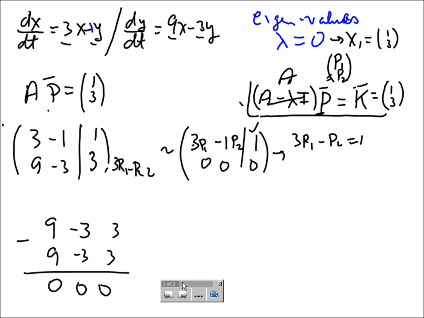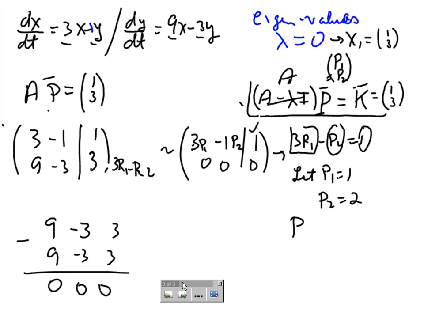So you let P2 equal something that will make things nice. Or what you do is maybe we'll let P1 be 1. So then this is 3. And you should know what to take away from 3 to get 1. The answer is 2. 3 take away 2 is 1. So P is 1, 2.